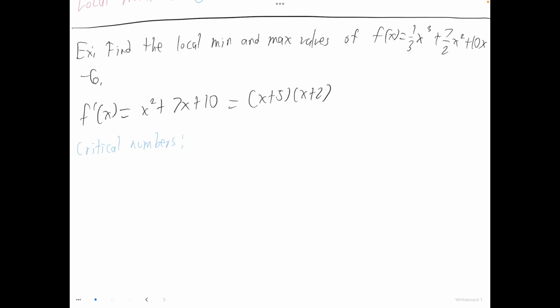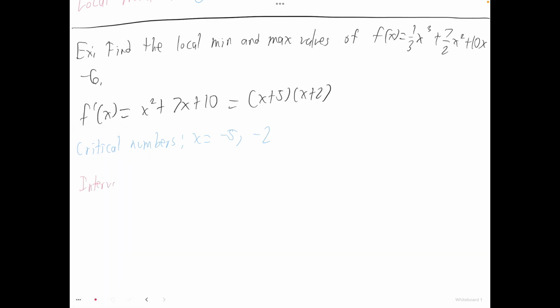And so our critical numbers are places where the derivative does not exist or is 0. The derivative is a polynomial, so it always exists. So the critical numbers are just where it's 0, which is when x equals minus 5 and minus 2. So minus 5 and minus 2 are critical numbers. That means we can then set up our table using this.